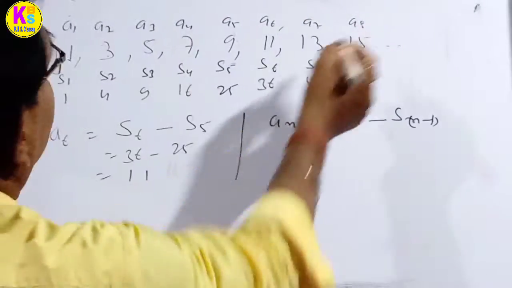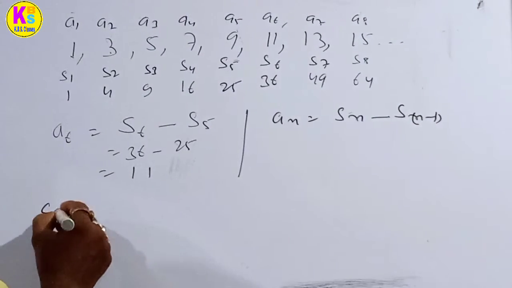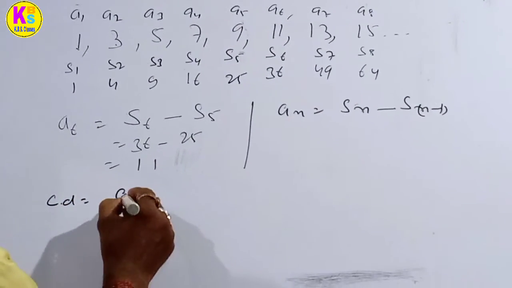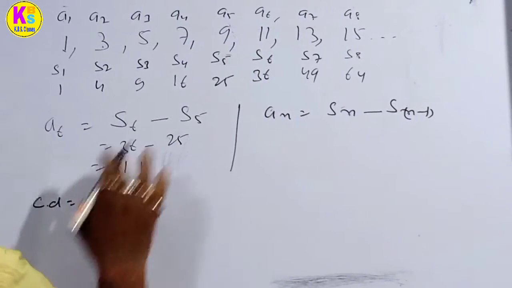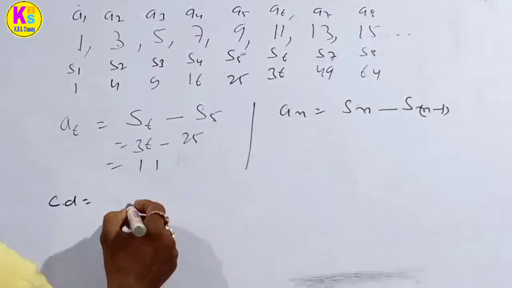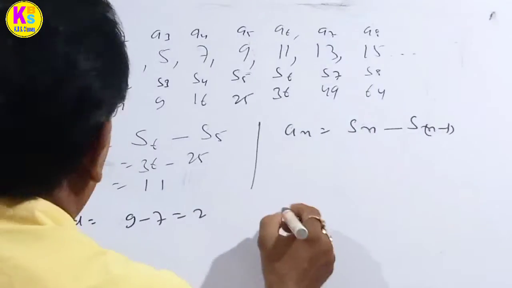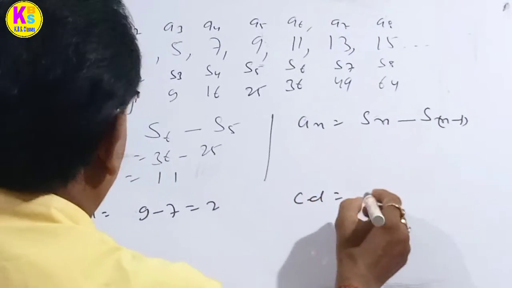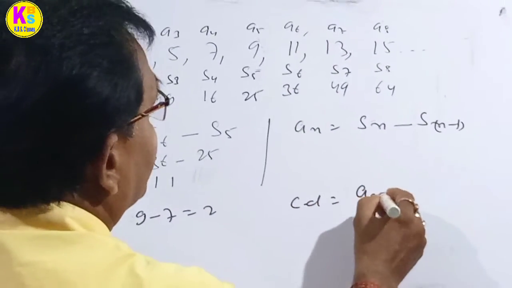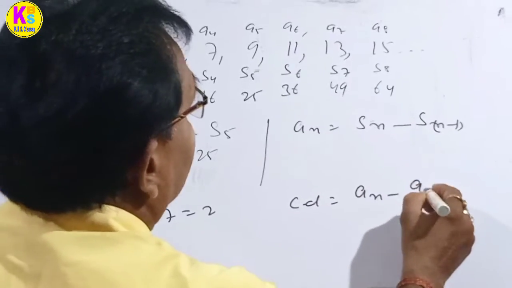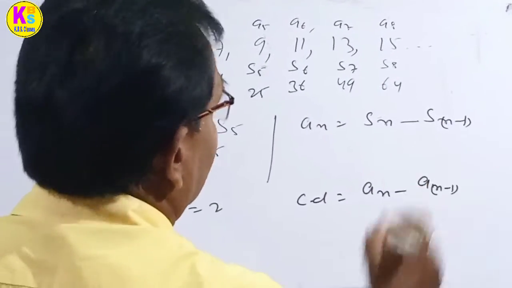And for the common difference, when we subtract any term from the next one, suppose 9 minus 7 is equal to 2, the formula for the common difference we can write is An minus A(n minus 1).